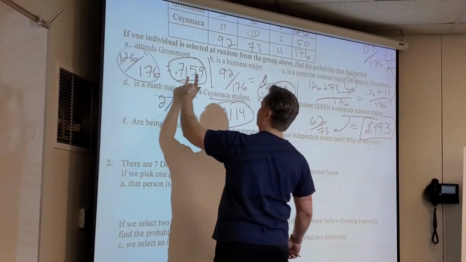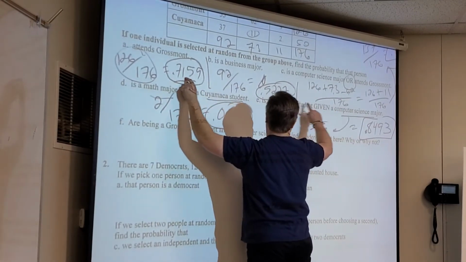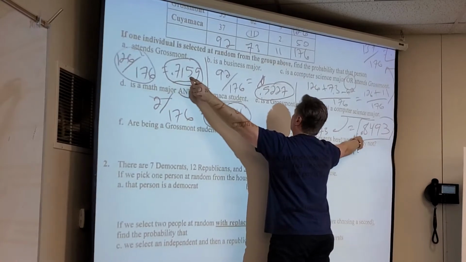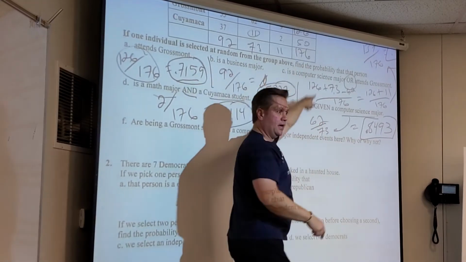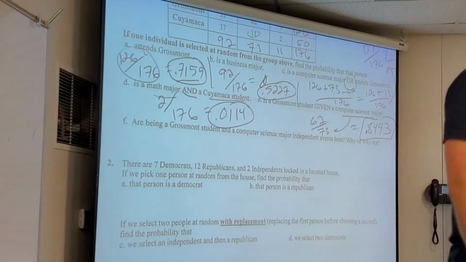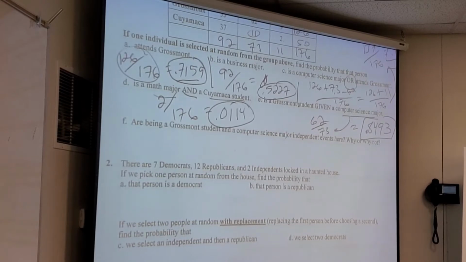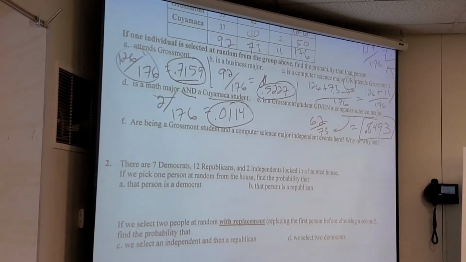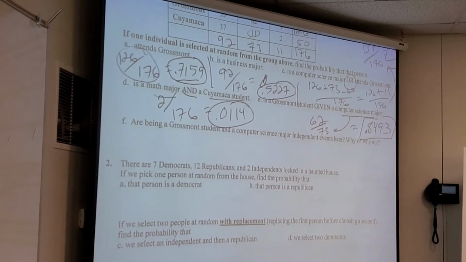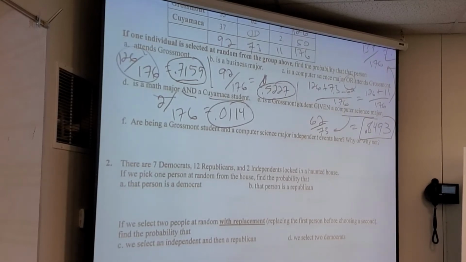Yes. If I know they're a computer science major, the probability they're a Grossmont student increases. So knowing they're a computer science major affects the probability they're a Grossmont student. Doesn't it just make sense? I would call those dependent. One affects the other one.